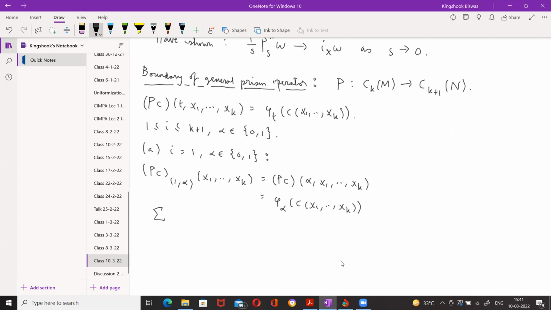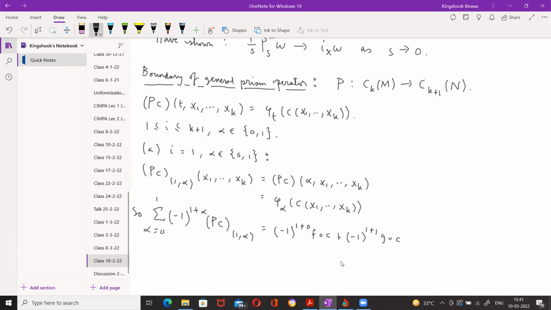So for the sum, alpha goes from 0 to 1 in my boundary of Pc, with (-1) to the i, and i is 1. So I'll get (-1) to the 1 plus alpha times Pc (1, alpha), which will be (-1) to the 1 plus 0 F composed with c plus (-1) to the 1 plus 1 G composed with c, right?